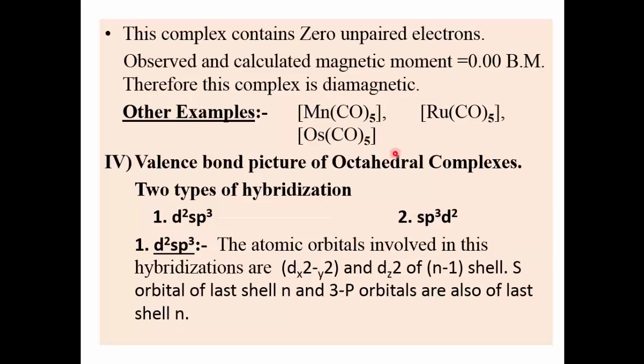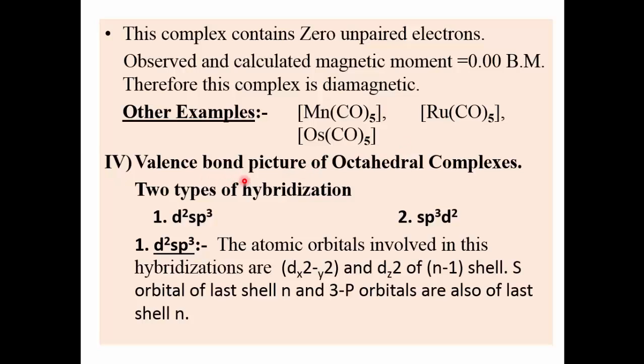So in this complex, there is no unpaired electron; it contains 0 unpaired electrons. Hence, the observed and calculated magnetic moment for this complex is 0, and therefore this complex is diamagnetic. These are other examples for this hybridization: MnCO5, ruthenium RuCO5, and osmium pentacarbonyl.